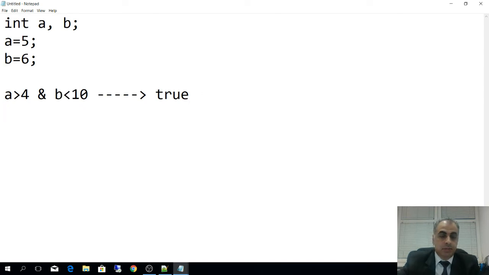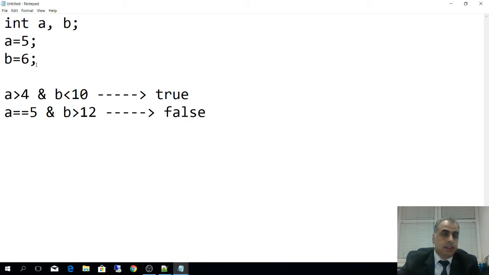Here is another example. A is equal to 5, and B is greater than 12. What is the result? Simply, you can go back to the video and see what I wrote there. A is equal to 5, it's true. B is greater than 12 is false. True and false, there is a false there, so the result is false.